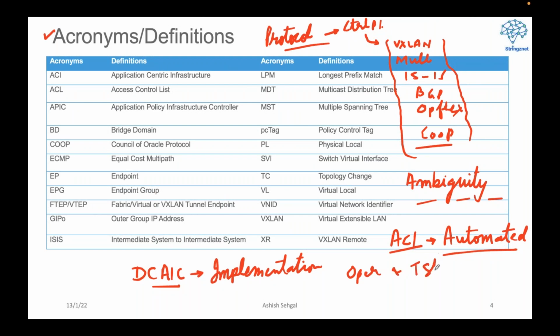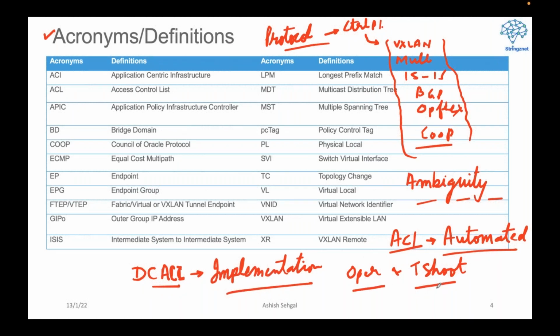And I'm sorry, my pen is not going so smoothly, maybe because of the internet connectivity. So I'm sorry, it is DCACI. We will be doing these sessions from the point of view of the implementation, that is how to configure.